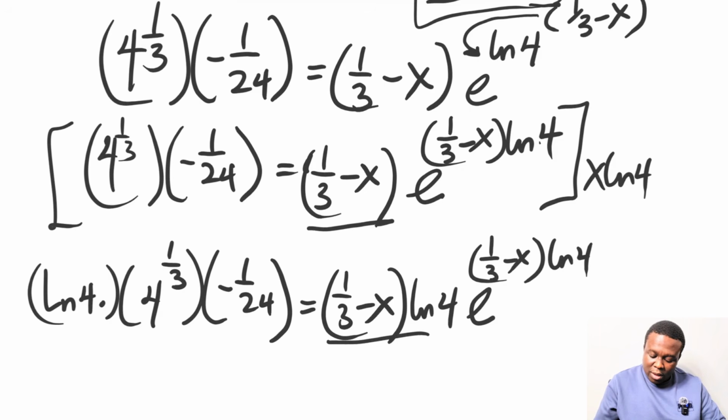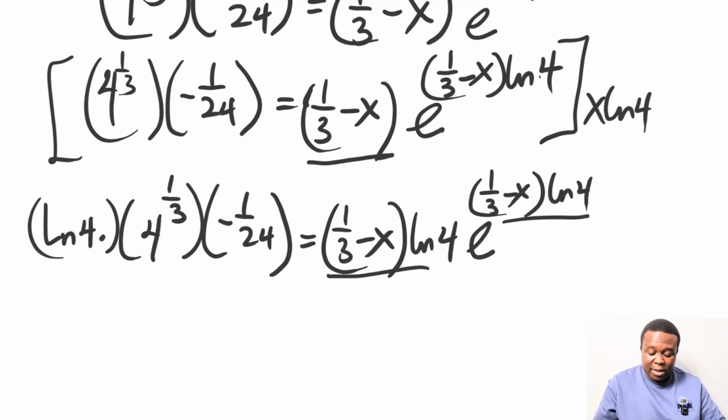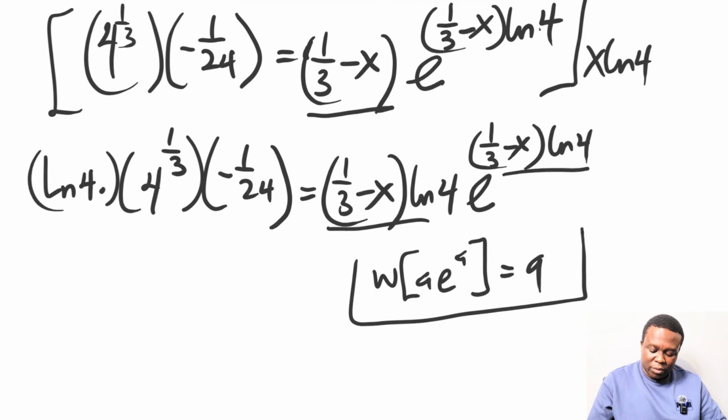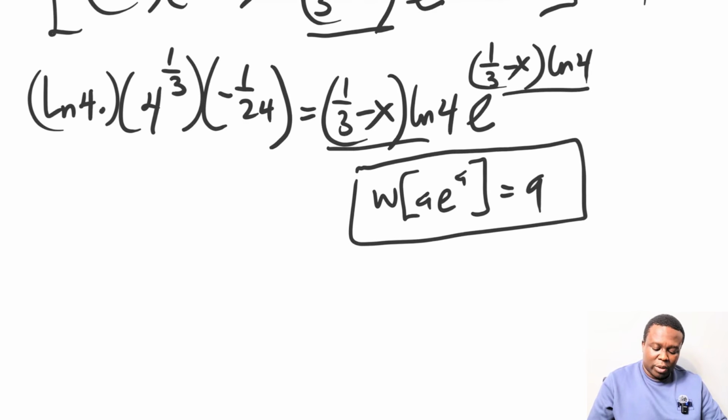Now we see that on the right-hand side, the base and the powers look the same. And that satisfies the Lambert's rule. Okay, so now we apply the W's on both sides.